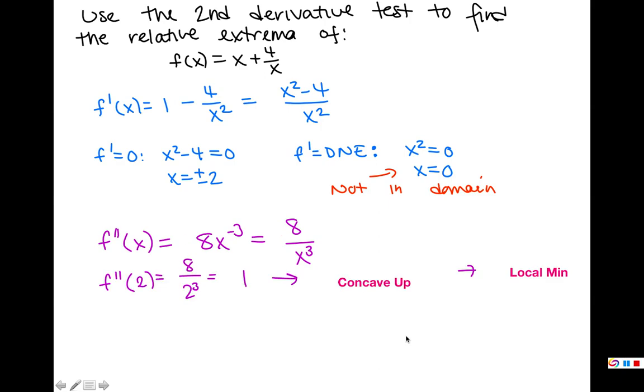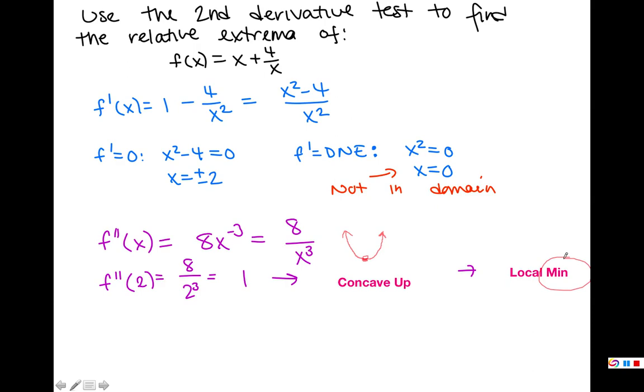If I plug 2 into my second derivative, 8 over x to the third, I get 1. The important information is that it's positive. A positive second derivative tells you the graph is concave up. And if you have that upward curvature at your critical point, it has to be a minimum. So 2 has to be a local min.